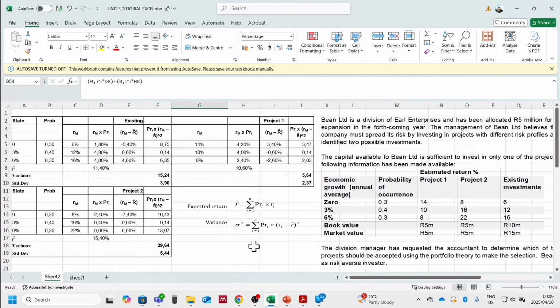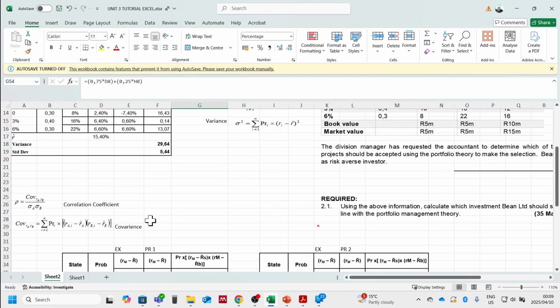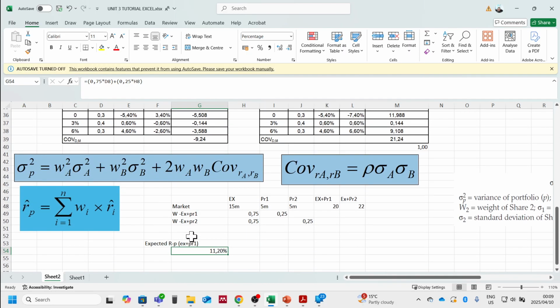Whereas if we go back to our existing, before we chose project one, it was sitting at 11.4%. So it just went down by a slight 0.2%. However, this does not actually indicate that we should drop project one. We still need to assess the risk associated with this investment project.